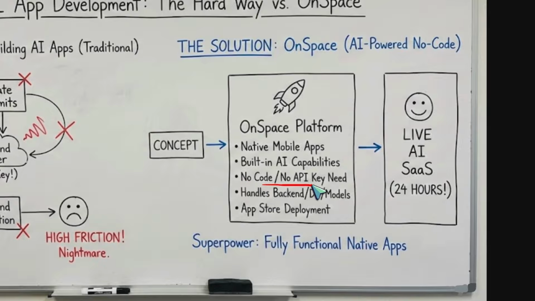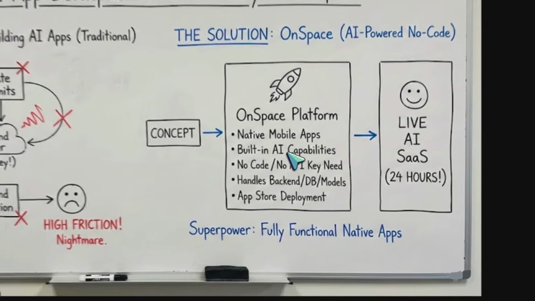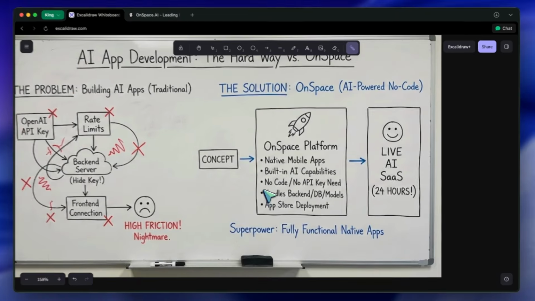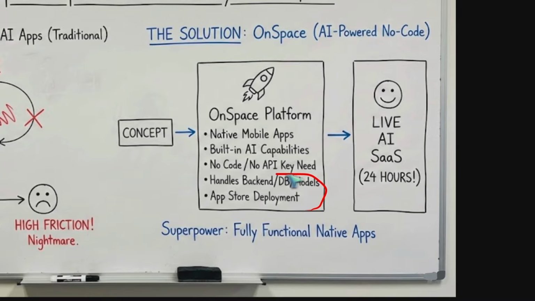You do not need to write a single line of code, and you do not need your own API key. OnSpace handles the AI models, the backend, the database, and even the deployment to the app stores. It basically promises to take you from a concept to a live AI-powered SaaS product in just 24 hours.